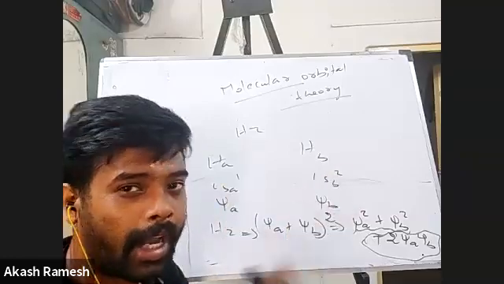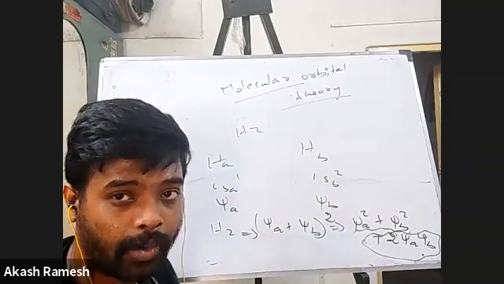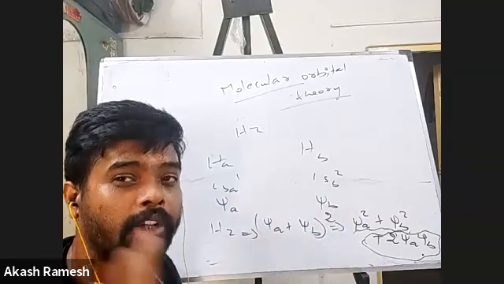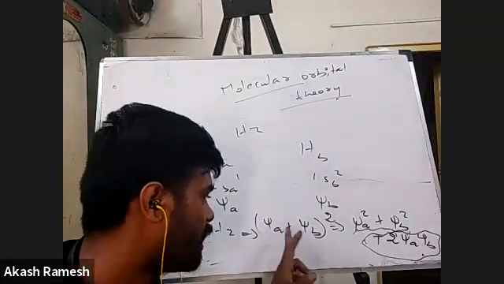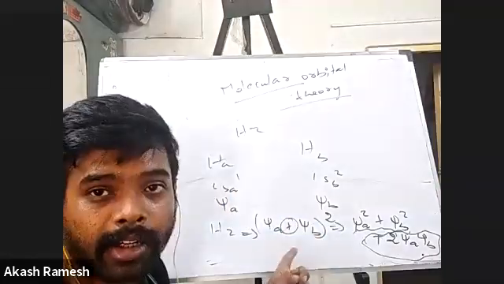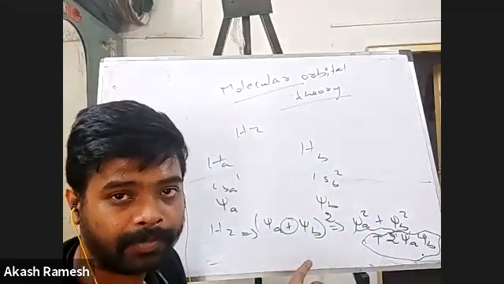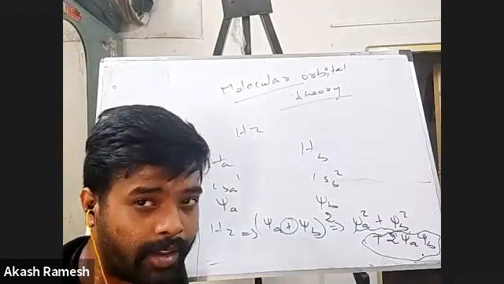Now I had only constructive interference happening. How will I be able to find out how constructive interference, how destructive interference? It is all going to depend upon what sign I took. So look here. I added, that is psi A plus psi B. Now this plus indicates that it is going to be constructive interference, right? I can even put a negative sign indicating that it is going to undergo destructive interference, right?